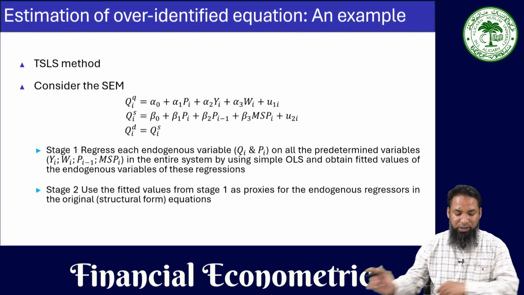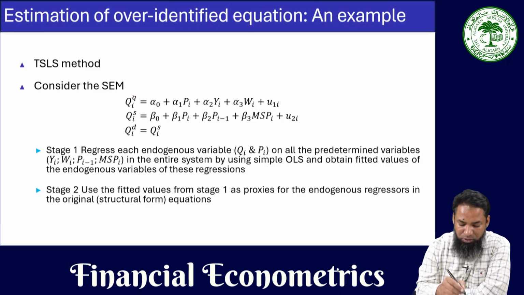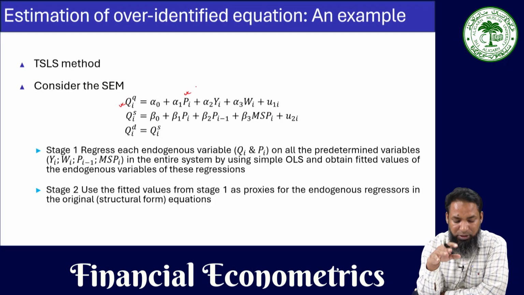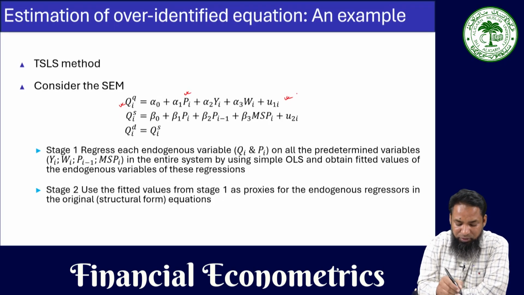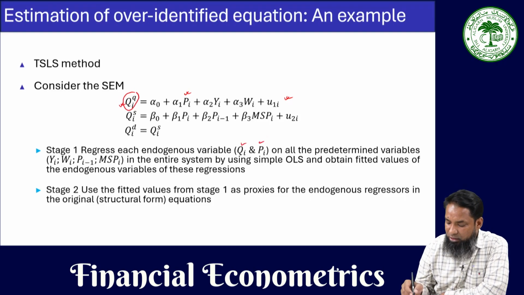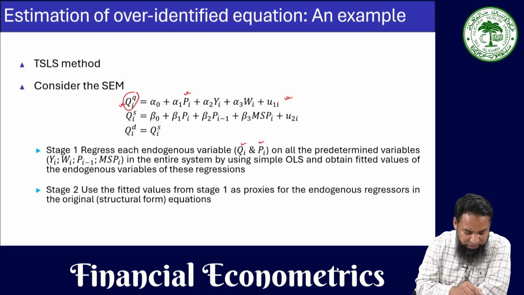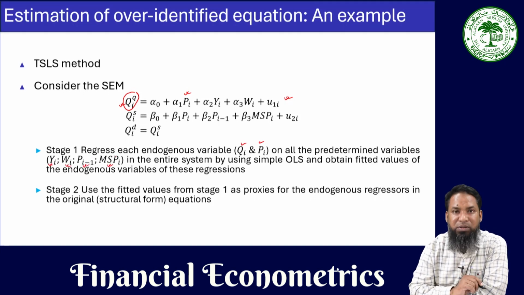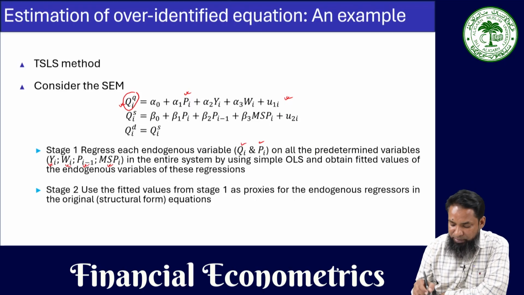So basically what we are doing, let us consider this model. This quantity demanded is an endogenous variable. It depends on the price, which is also an endogenous variable. Now in the two stage least squares method, we are not using this structure directly. Rather, we regress each endogenous variable, Qi and Pi, on all the predetermined variables, that is income, wealth, lagged endogenous variables, and let us say minimum support price, in the entire system by using simple OLS, and obtain the fitted values of the endogenous variables.